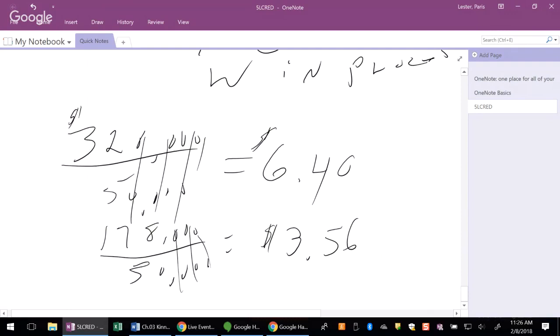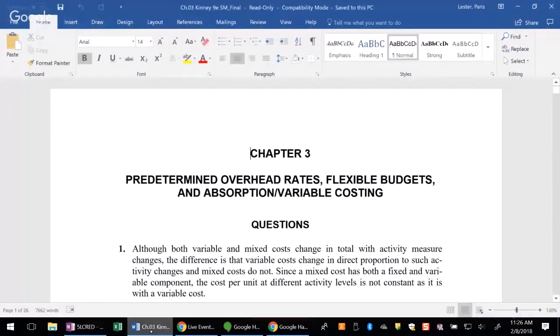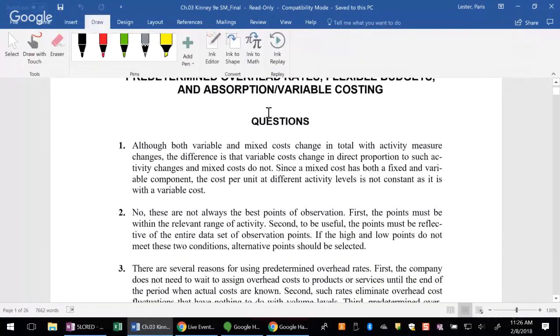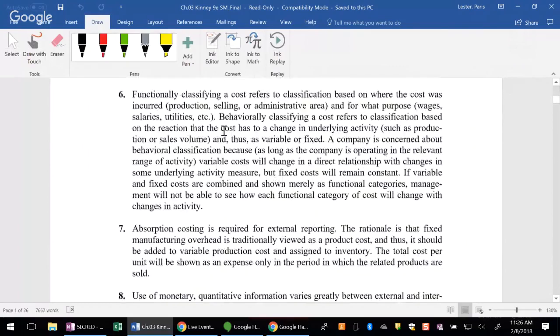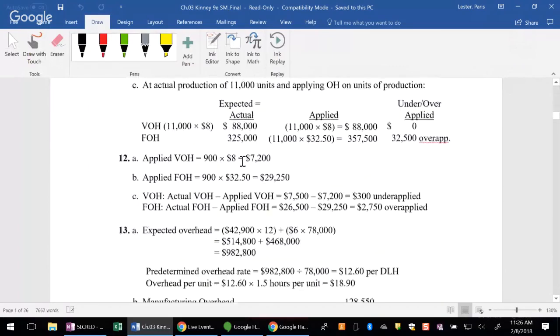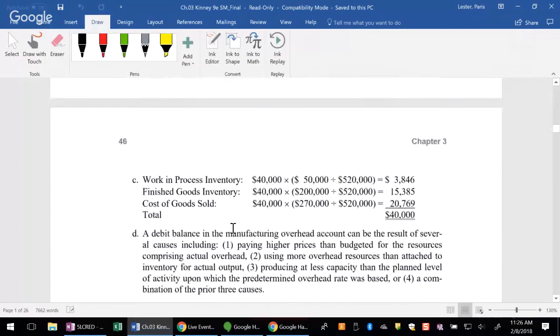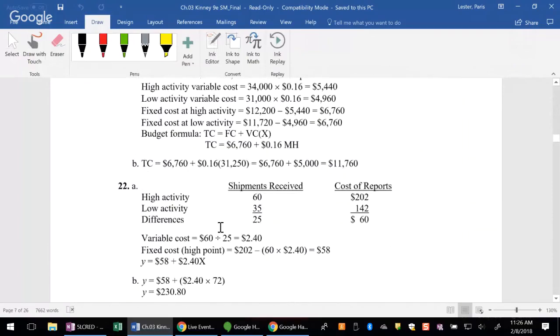All right. Let's look at the first part.